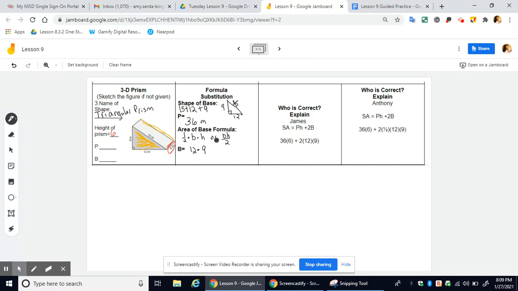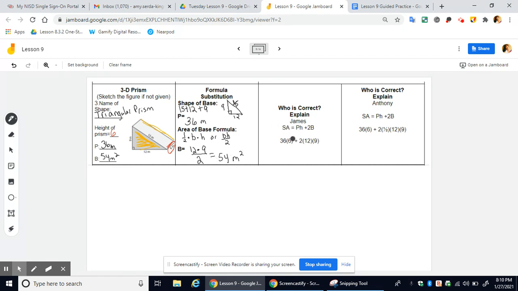So 15 is not going to be included here. And I can take half of that, and that would give me an area of a base of 54 meters squared. So my perimeter here is 36 meters and the base area is 54 meters squared. And I'm finding these by using my Desmos calculator.